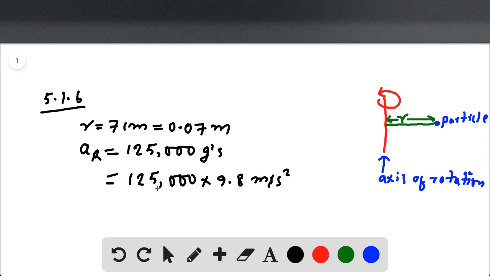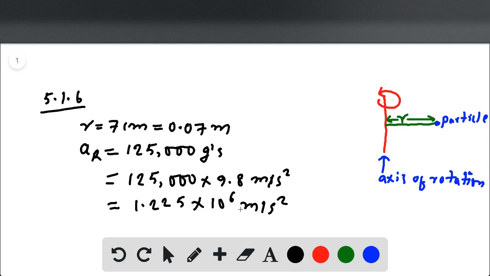So 125,000 times 9.8 meters per second squared is going to give me 1.225 times 10 to the 6 meters per second squared. Okay, so this is the acceleration of that particle rotating in the centrifuge.